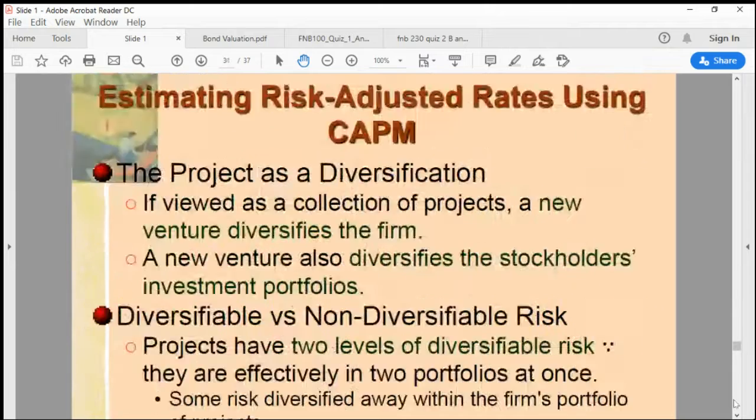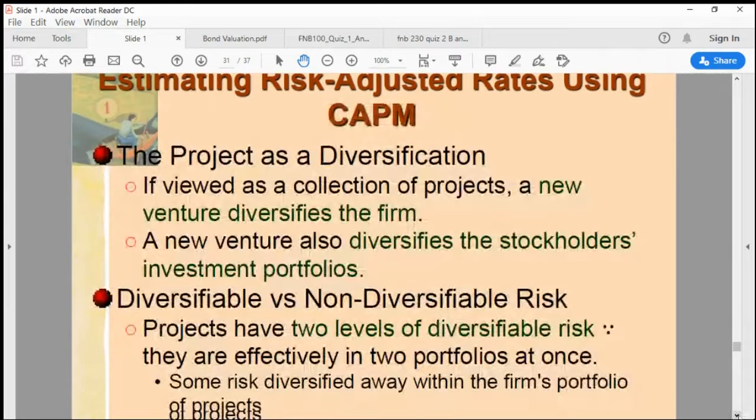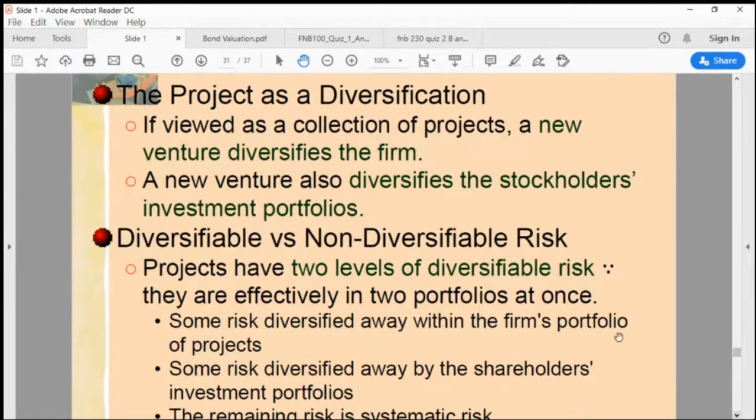CAPM. So this, we already know from capital budgeting and cost of capital. A project is a diversified portfolio. Why? Well, a company can be viewed as a collection of projects. We talked about this.